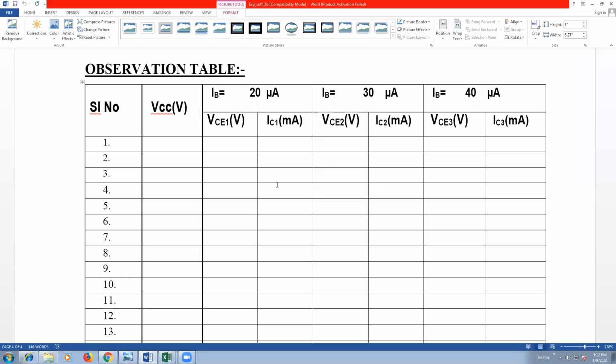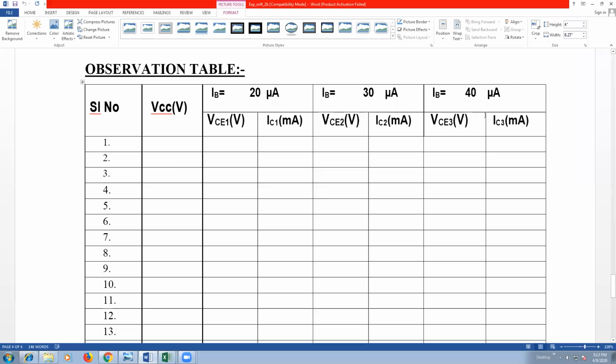Then proceed to the second set of readings by keeping IB at 30 microampere, and proceed in a similar way with a difference of 0.2 volt in VCC. You have to proceed from 0 volt to 3 volt, or up to 2 or 3 or 4 saturation currents of IC.